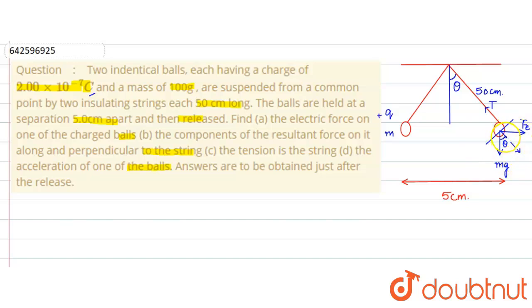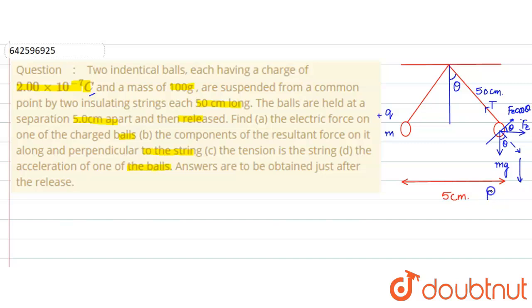If this angle is theta, then this will be 90 minus theta, and this angle will be theta. So Fe will have a component here, which is Fe cos theta, and along this line, this will be Fe sin theta.